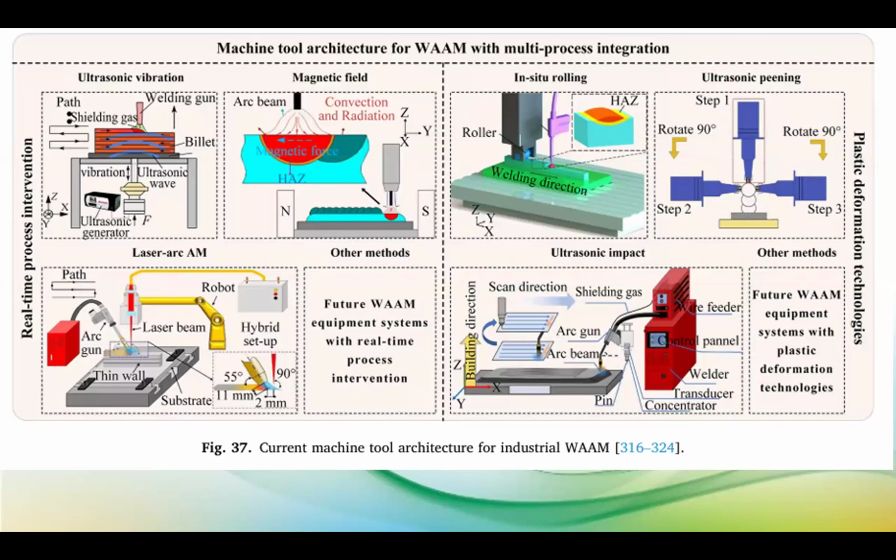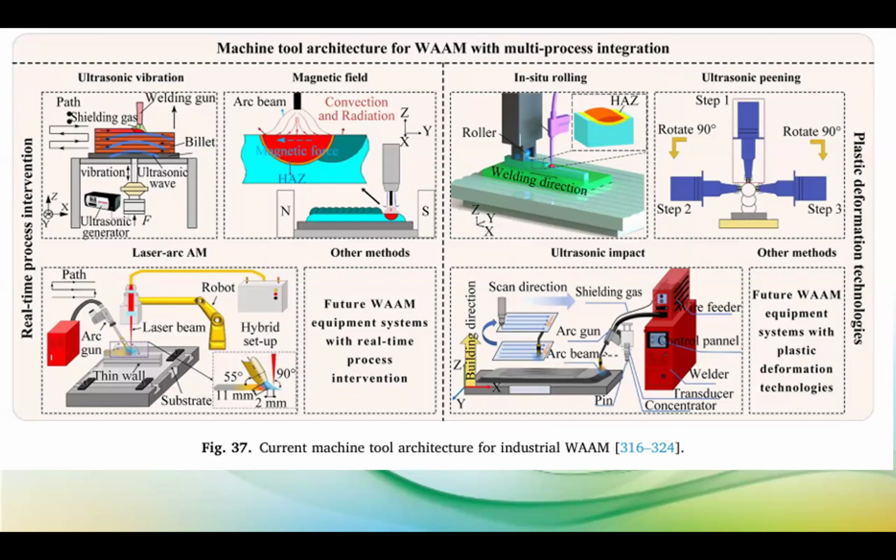So the first methodology is utilizing ultrasonic vibration during the VAM process. The second methodology that can be utilized is magnetic field. One major issue with arc welding is we are expecting a narrow bead, a narrow droplet. In case of VAM, it is a narrow droplet we are expecting.